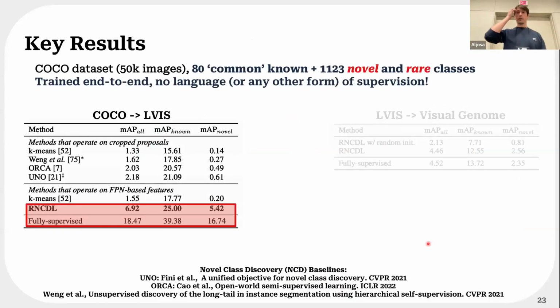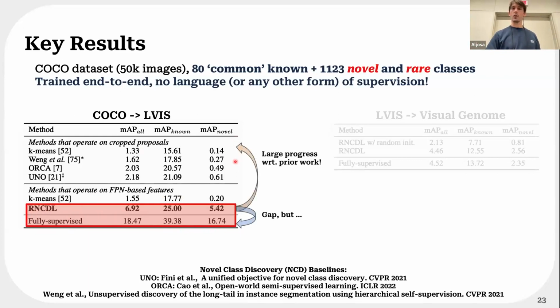Now if we look at the results, going from COCO to LVIS, where we just train on COCO labels and evaluate on both, the first thing I have to point out is that our method is RNCDL, right? Compared to a fully supervised method that is trained on full LVIS, of course, there is still quite a gap. This is not surprising because, in a fully supervised method, we just leverage all labels in this dataset. But compared with prior work, this is quite a big step forward.